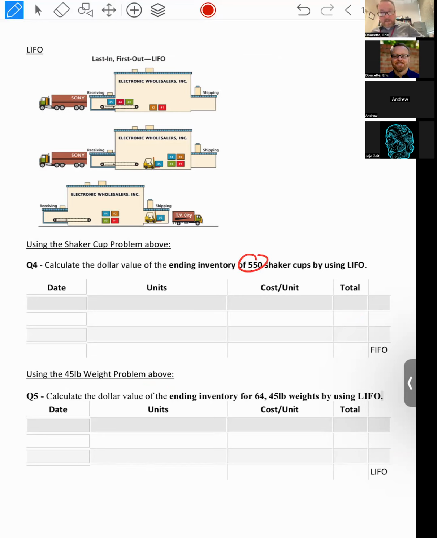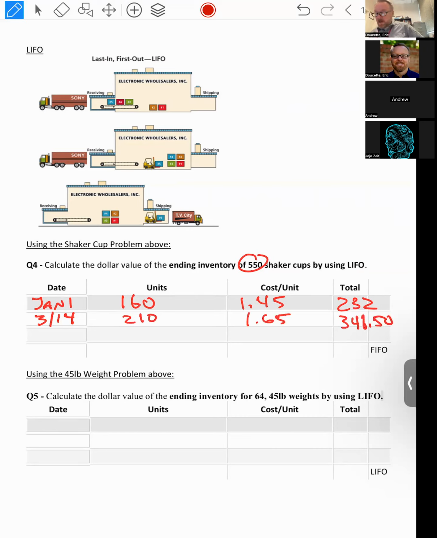LIFO. So we're going to say, okay, on January 1st, beginning inventory, we had 160 at 145, which was $232. Then on March 14th, we had another 210 at 165 each. And that was $346.50.